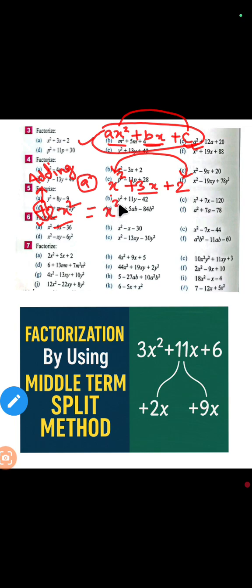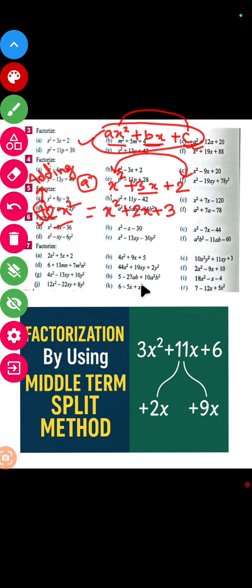First term will remain the same, x square, and the middle term we are going to split: 2x plus x. I wrote 3 over there, that is wrong. Now here 2x plus x.